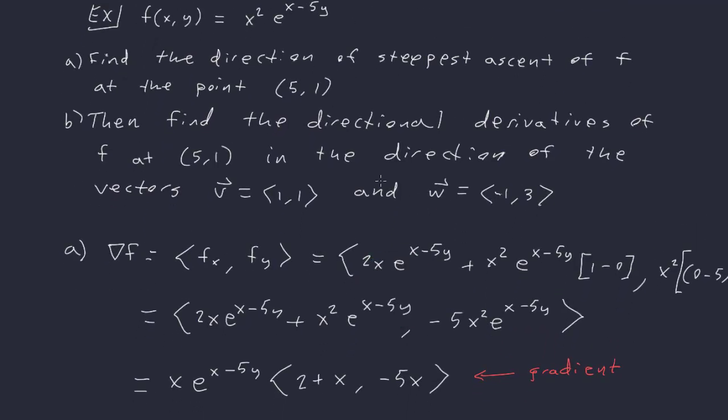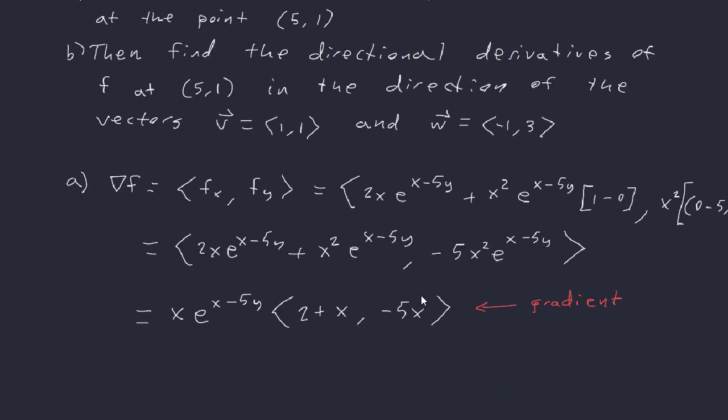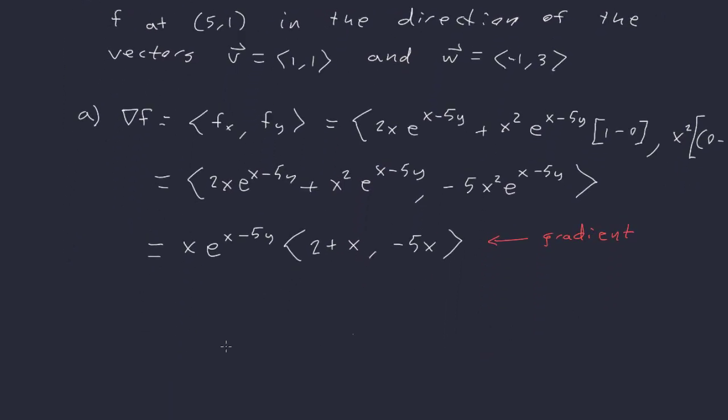Now, we want the direction of steepest ascent at the point (5, 1). So let's plug (5, 1) into our gradient. The x value is 5, and so we'll have 5 minus 5 times 1, and this was chosen specifically to make this e to the 0, which will go to 1.